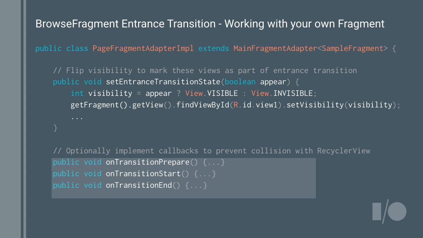It disables animation in onTransitionPrepare. It disables the layout when the transition starts. And it re-enables layout and re-enables animation when the transition finishes. Remember, these are optional. Only if your custom fragment is also using RecyclerView, you need to listen to these callbacks.